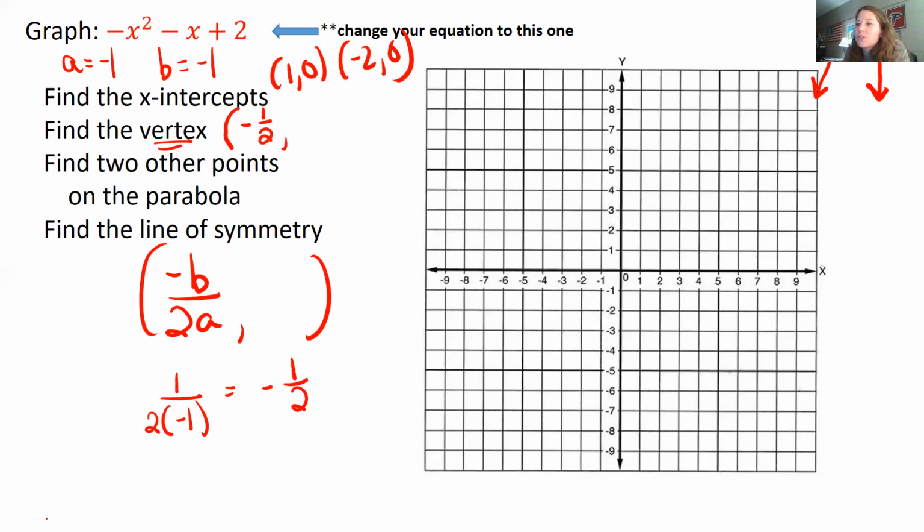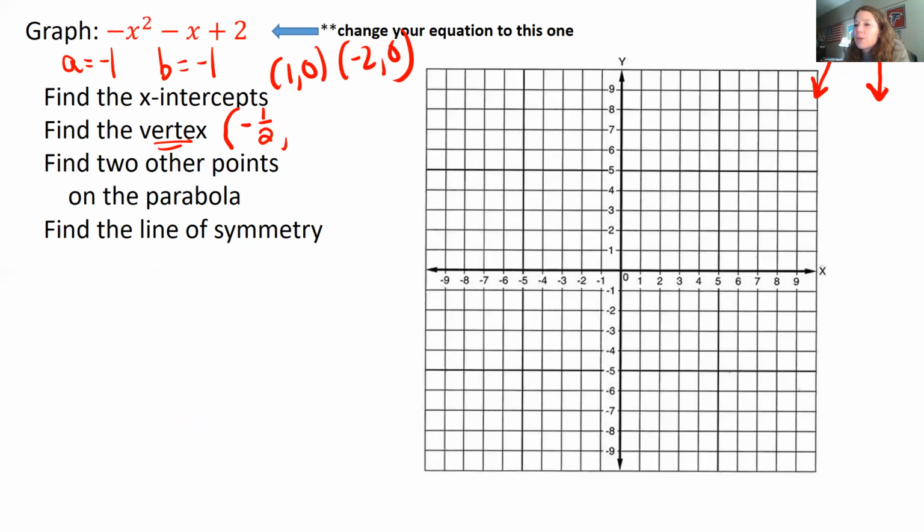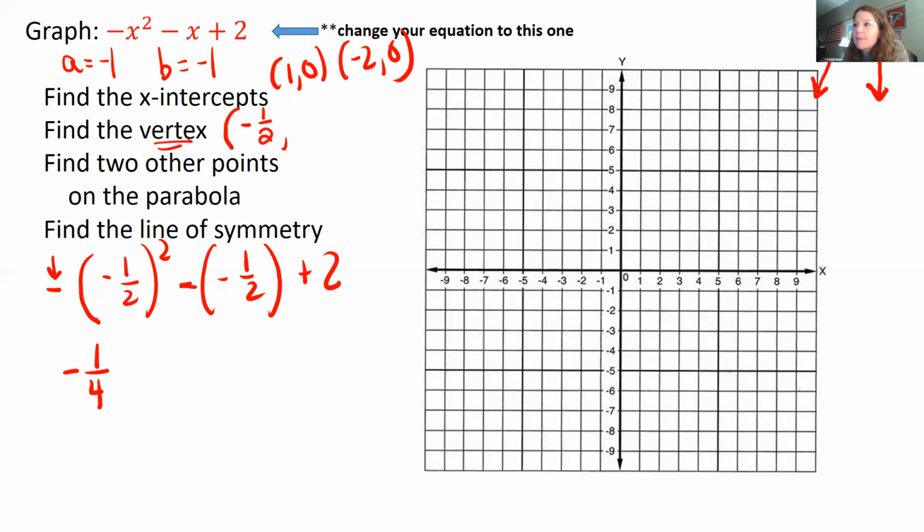So we're going to plug that in and find the y value. So we're going to plug in the opposite of x squared, so x is -1/2 squared minus -1/2 plus 2. So I know -1/2 times -1/2 is +1/4, and the opposite of +1/4 is -1/4. And I know this is a bam bam.